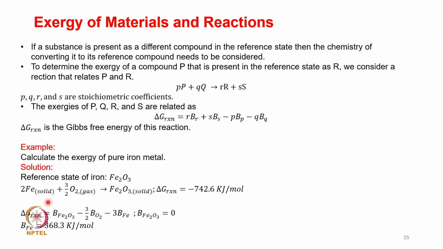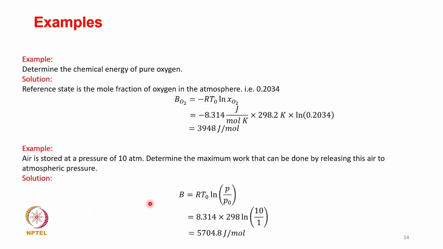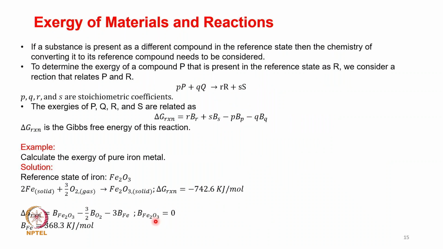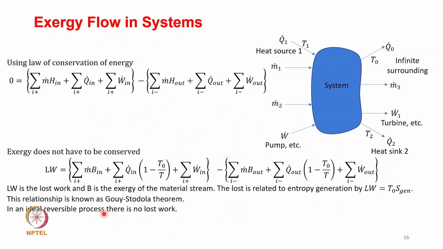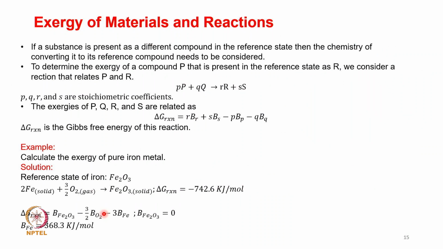So, Fe plus oxygen yields Fe2O3, and it comes with a free energy of reaction. So, G_rxn is equal to B_Fe2O3 minus 3/2 B_O2 minus 2 B_Fe. You see that B_Fe2O3 is equal to 0, which essentially means that you will be able to compute B_Fe based on this particular expression. So, this is in connection with materials and reactions.